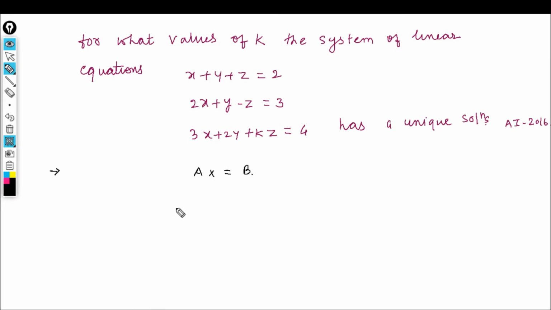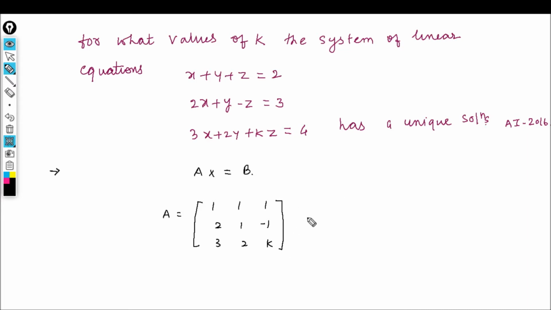What is A? It is the matrix of coefficients of x, y, z: [[1, 1, 1], [2, 1, -1], [3, 2, k]].